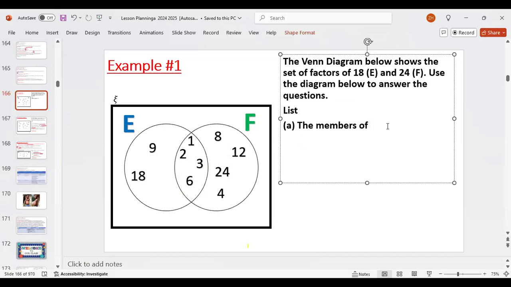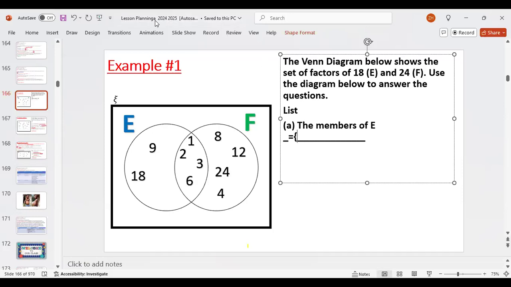So you want to list the members of E. List the members of E. So the members of E are going to be what? We're going to put this inside a set, in set notation. All right. Curly brackets.